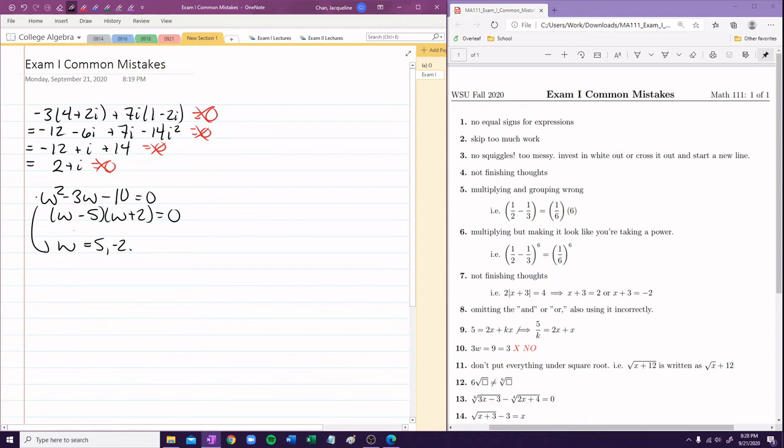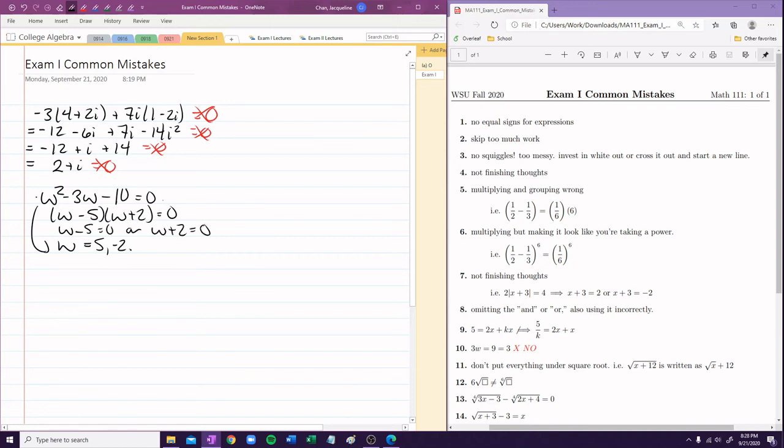A lot of people also, what they did is they would get to this, and then they just don't put equals 0 right here, and then they'll say W is equal to 5 or negative 2. That's wrong. The reason W equals 5 and negative 2 is because this whole thing is equal to 0. So I can say W minus 5 is equal to 0, or W plus 2 is equal to 0.